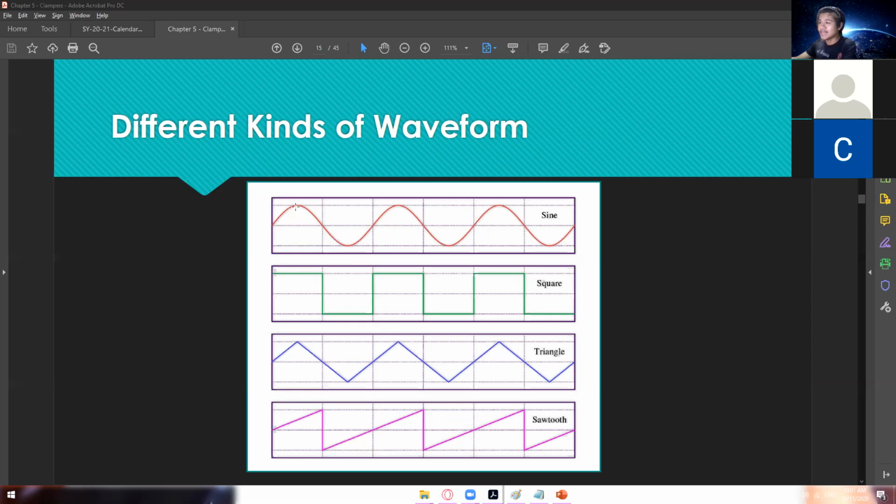But actually, in reality, the sine wave covers everything: the square, triangle, and the sawtooth. Anyway, I just would like to say that there are other kinds of waveforms other than sine wave and square wave, which are the triangle and sawtooth.